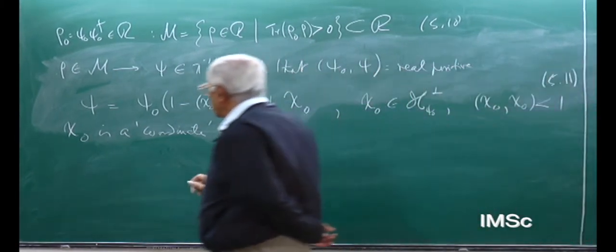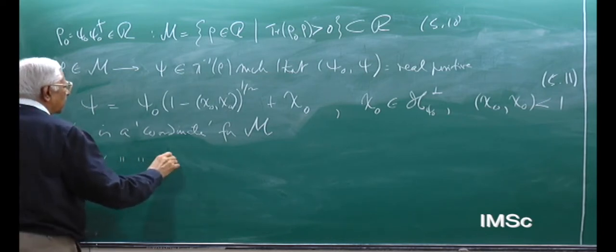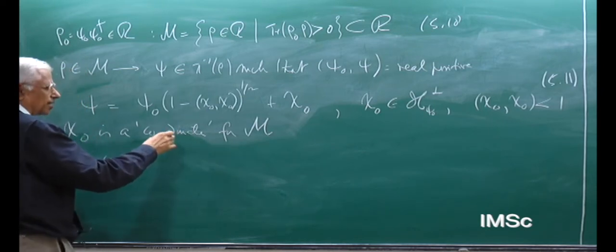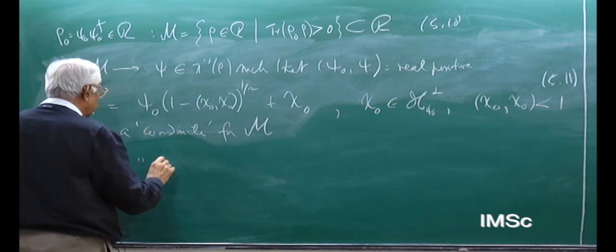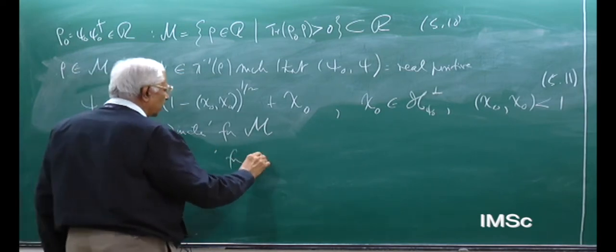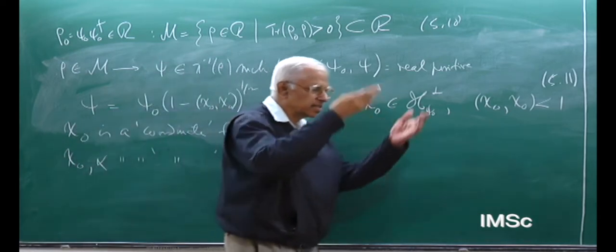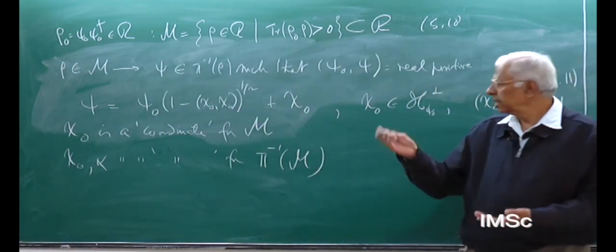And then you can say that chi 0 along with that phase alpha is a, not coordinate, I should say coordinate system, I don't know what to say, is a coordinate in a general sense for the inverse image of this neighborhood in B.